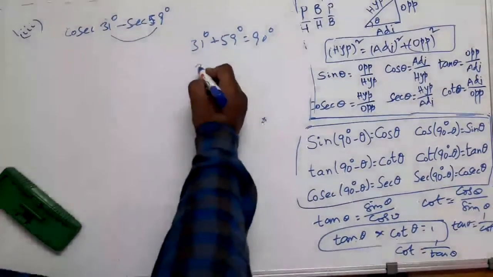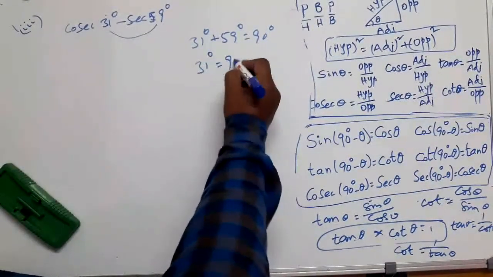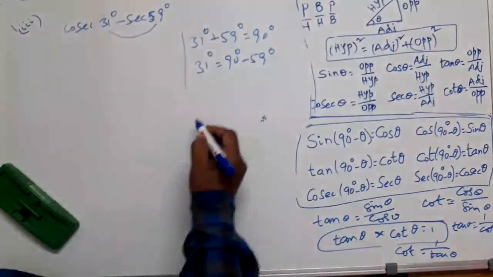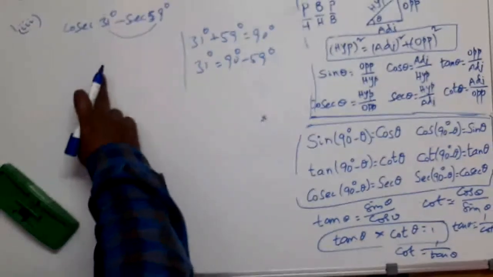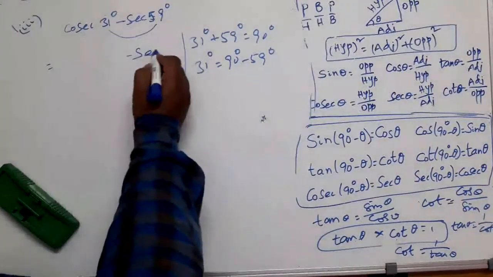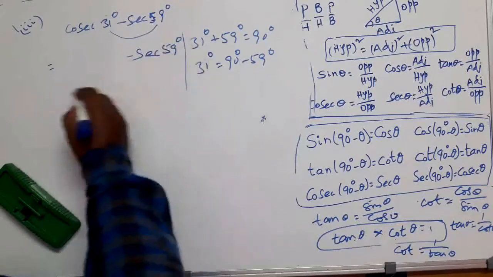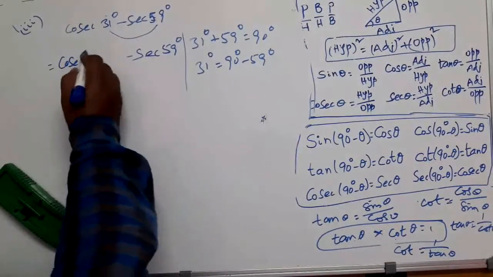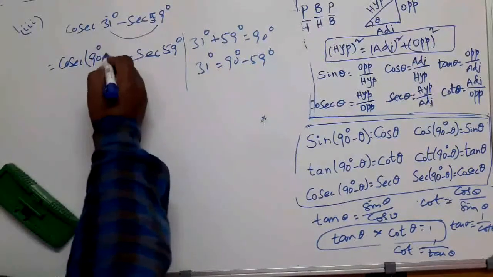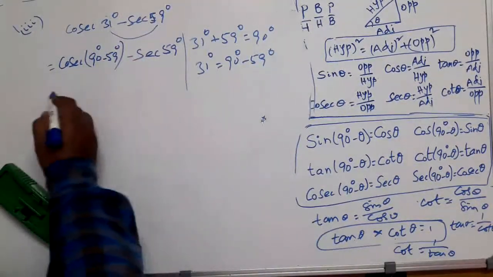Yes, now I can write 31 degrees as 90 degrees minus 59 degrees. I will use this. So I am converting the first term, I am leaving the second term as it is. See, sec 59 degrees I am leaving as it is. In the place of 31 degrees I am writing 90 degrees minus 59 degrees.